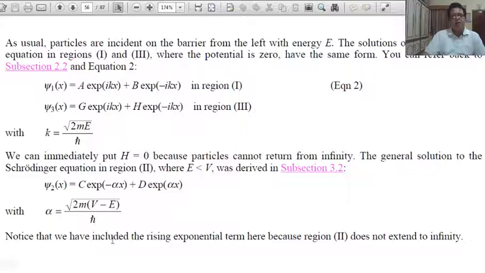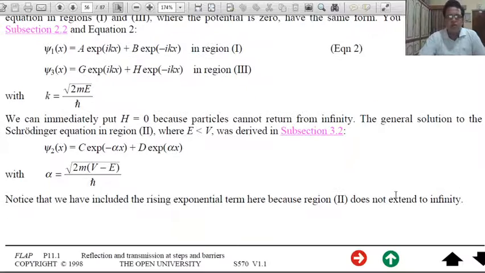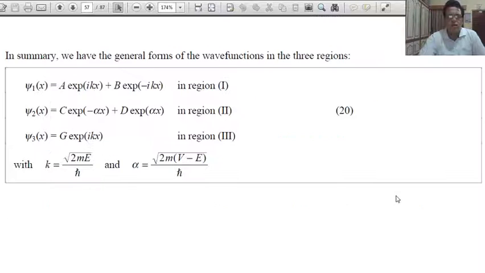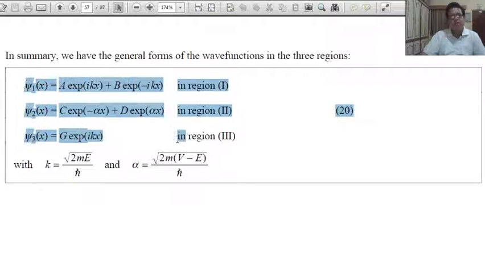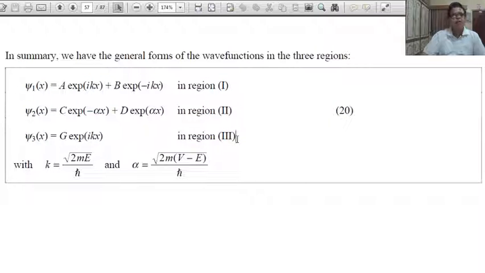Notice that we have included the rising exponential term here because region 2 does not extend to infinity, because region 2 is confined between 0 and D. So in summary, in the three regions the form of the wave functions is given here, with k equal to this and alpha equal to this.